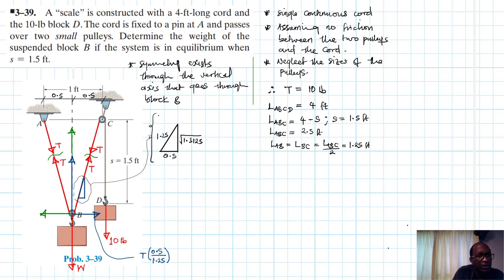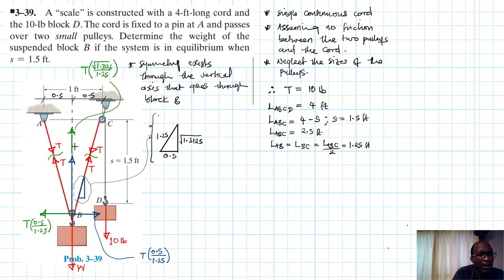This one is also T times the run divided by 1.25. This one is T times the rise, which is root of 1.3125 divided by 1.25.